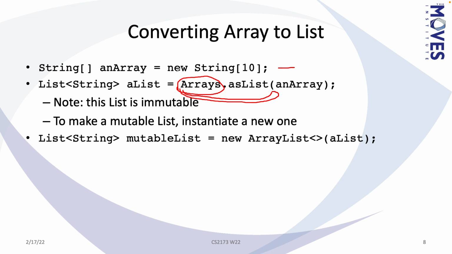Well, then we can use that overloaded constructor to create, say, a new ArrayList or LinkedList, if that would be the choice, passing in this list that I got back from here. That's just how to do that.